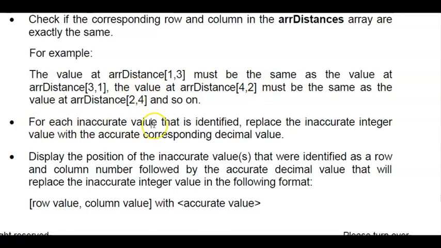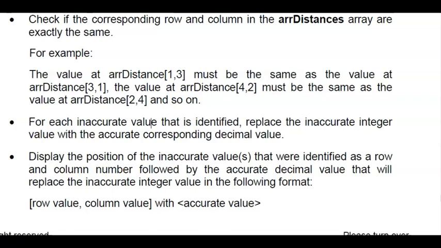For each inaccurate value that is identified, we need to replace the integer value with the correct decimal value. Then we had to display the position of the inaccurate values that were identified as a row and column number. So if I found there was an error in row 2 and 4, we had to display row 2, column 4, and the accurate value, so the decimal value had to be displayed.